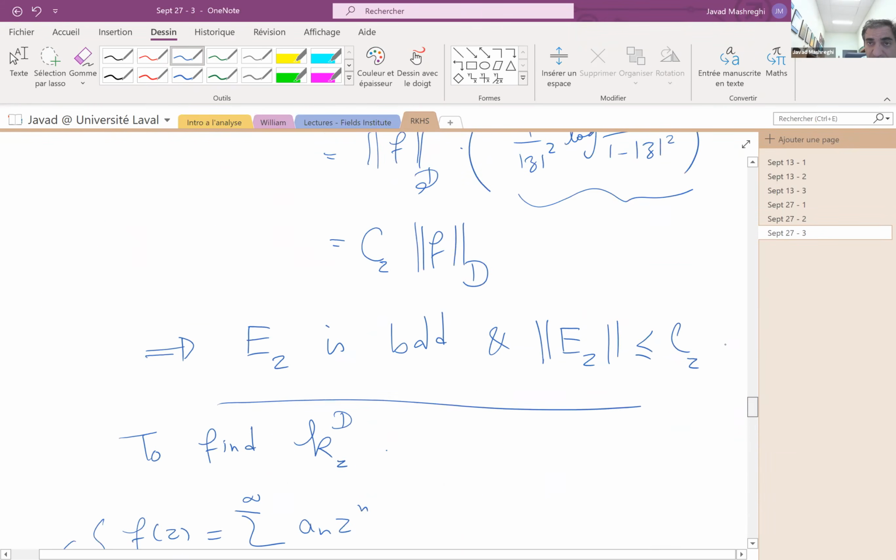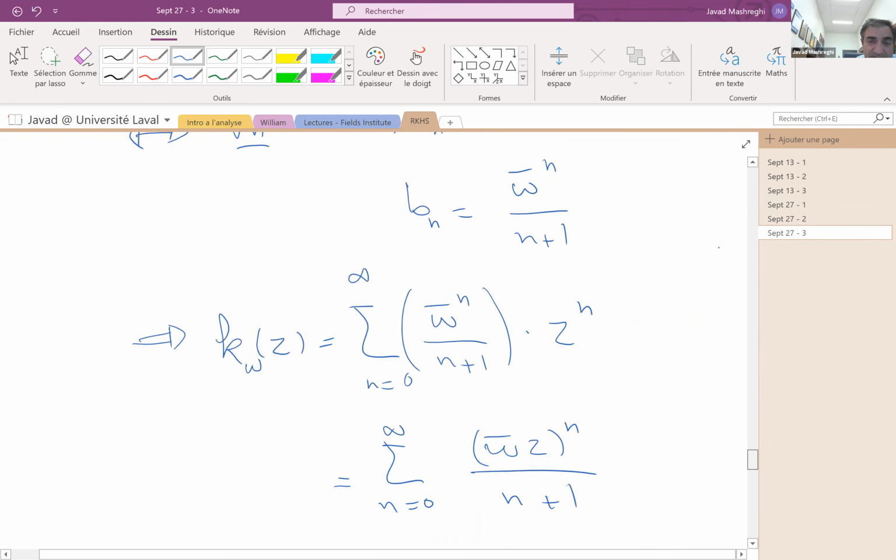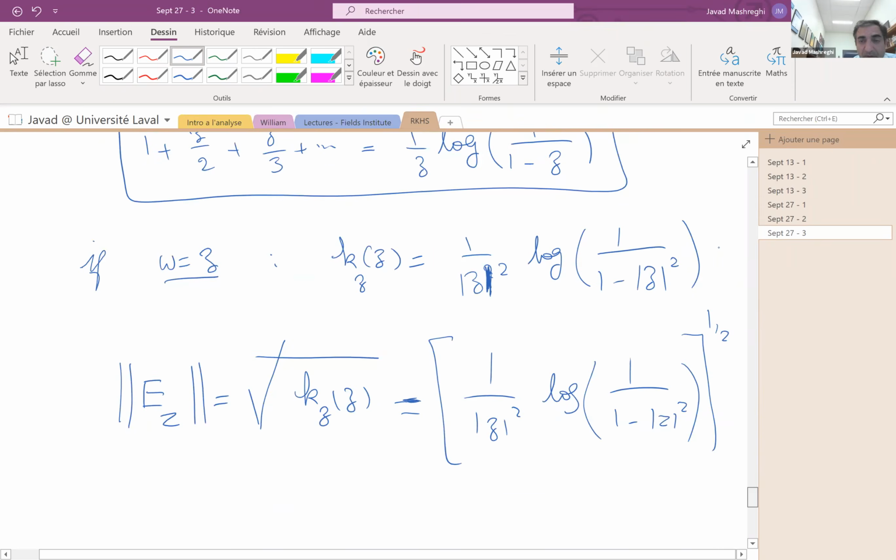It's rather surprising that even in this example our estimation is sharp, and we will see that in the Bergman space it's the same story. So here we obtain the formula for the norm, the formula for the kernel, and we have an RKHS.